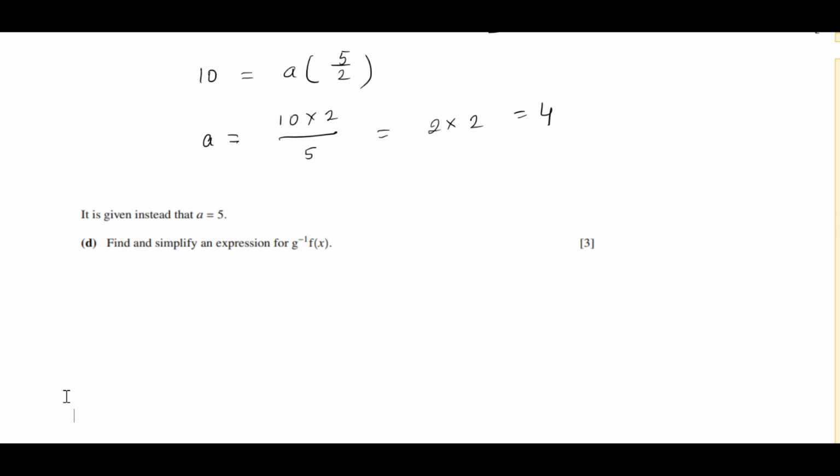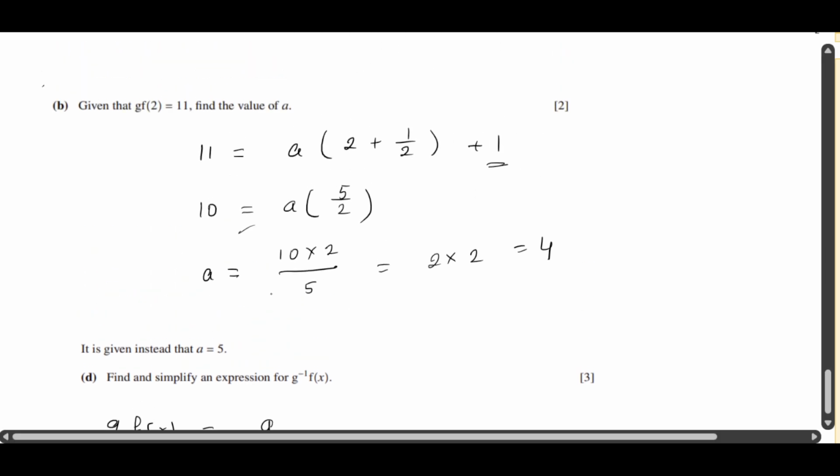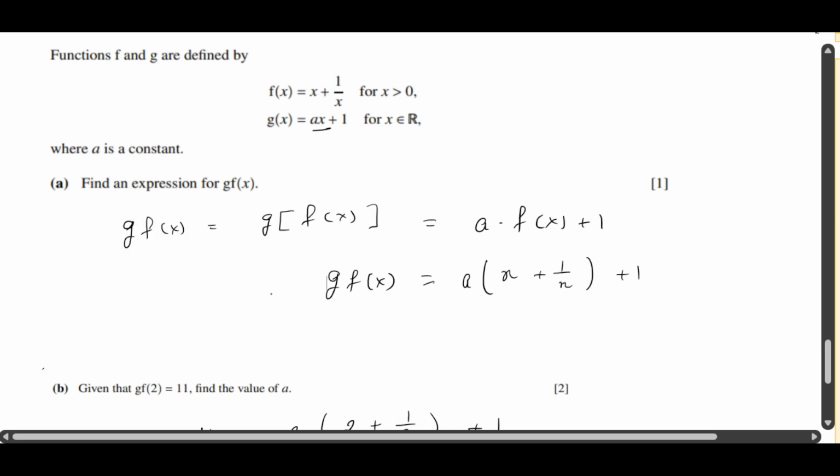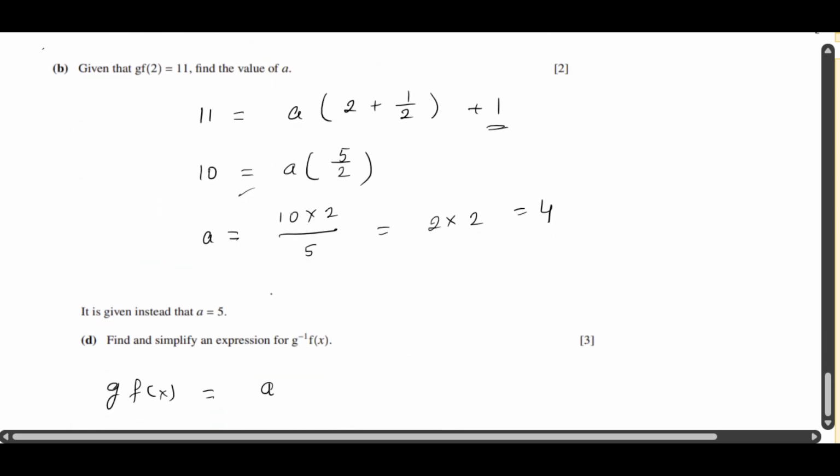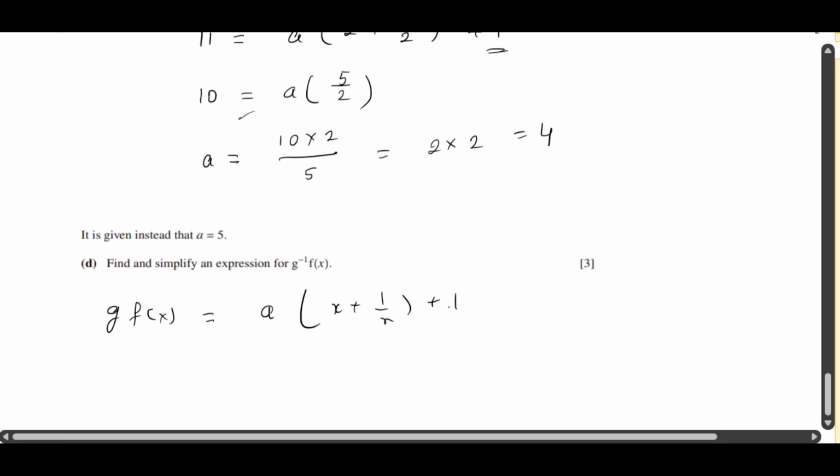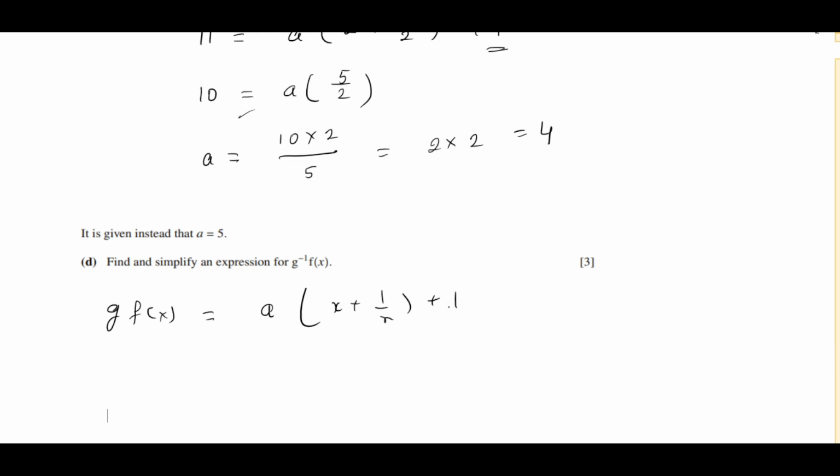I will once again write what g is. g(f(x)) was a times (x+1)/(x+1), a times (x+1)/(x+1). This is your f of g(x). You have to find g inverse of f(x). You know the logical steps to be used.